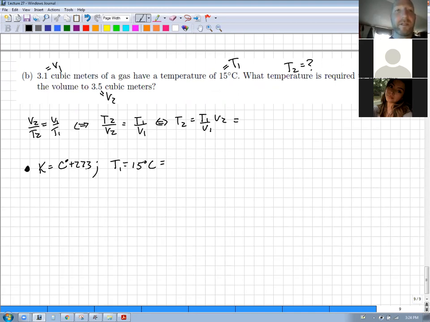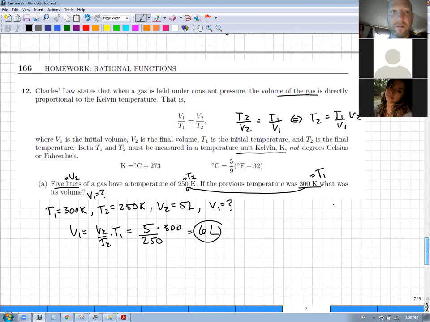So this would be 15 plus 273, which is 288 Kelvin. All right, so plugging in, these are cubic meters.